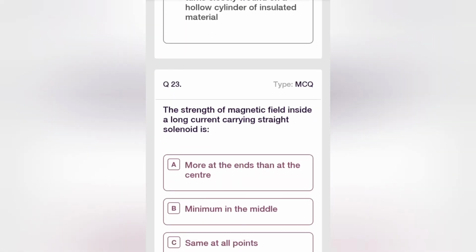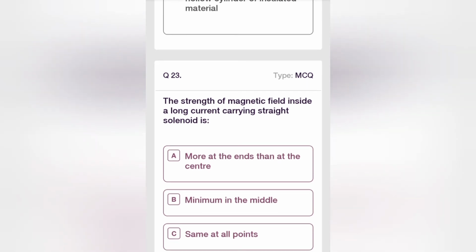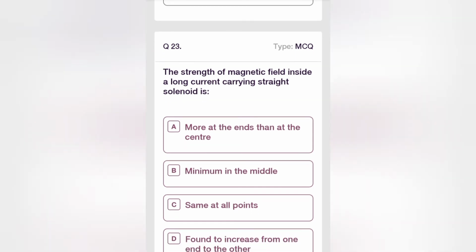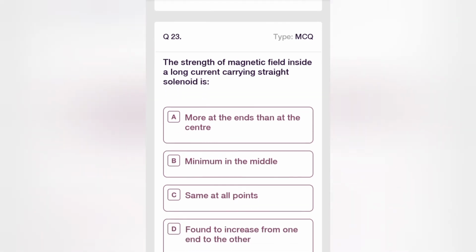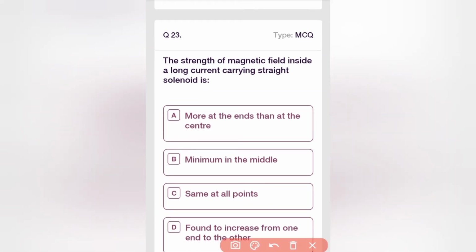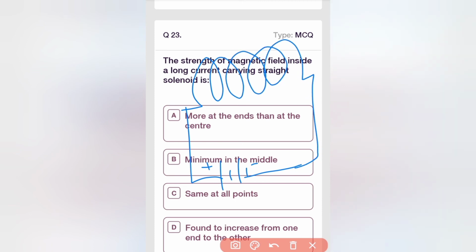The strength of the magnetic field inside a long current carrying solenoid is. How will it be inside? See, this is a long solenoid. How will the magnetic field strength be inside? Outside the bar magnet it is going to be like this.